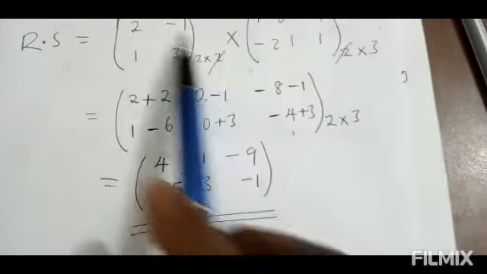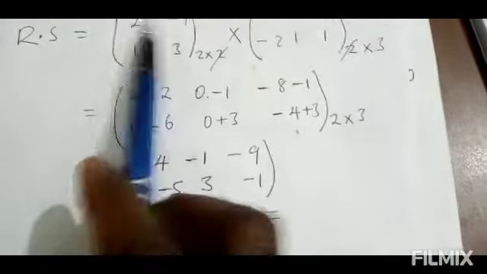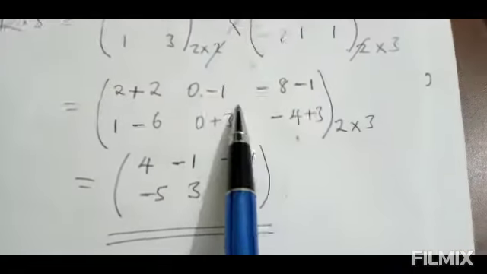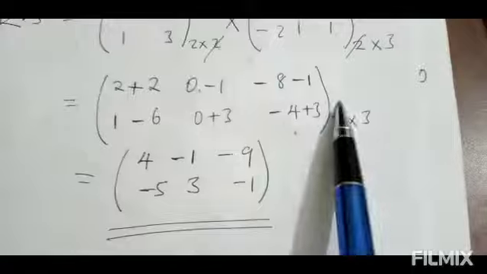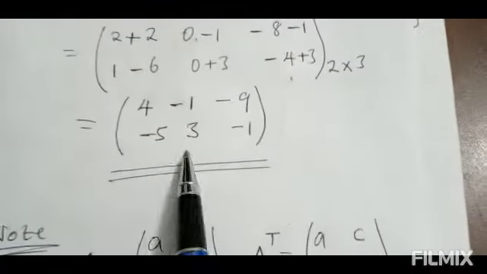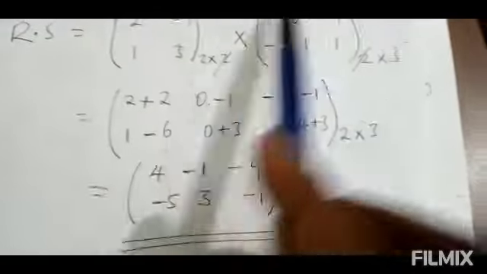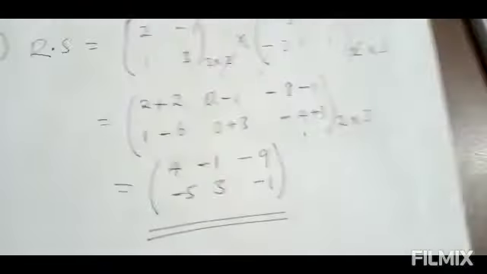So you're just repeating, multiplying rows and columns, and you have this. When you have this, you just add them and you're going to get this matrix. That's it with the multiplication.